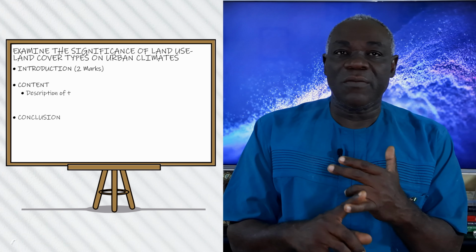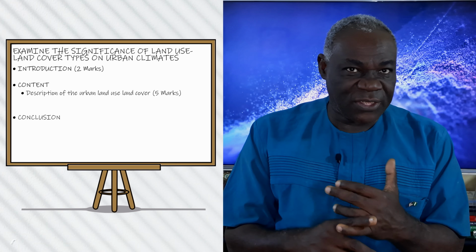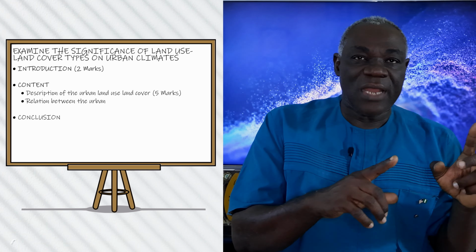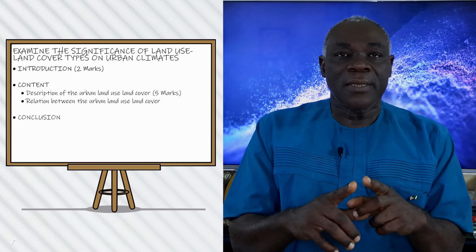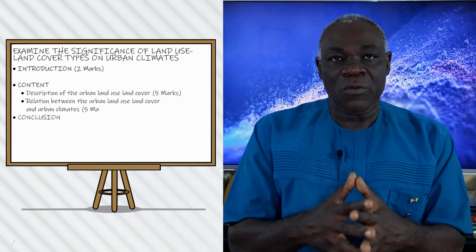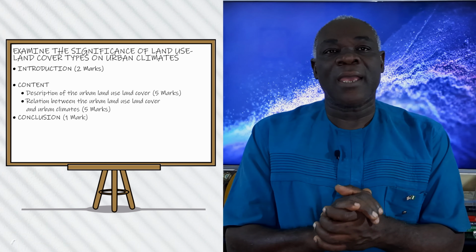One, we have a description of the urban land use, land cover. That carries 5 marks. Then there's a relation between the urban land use and land cover and the urban climates. That is 5 marks. Then suitable conclusion, 1 mark.